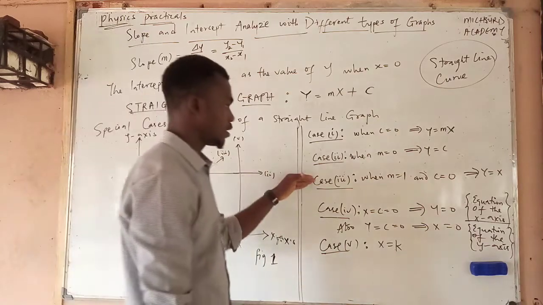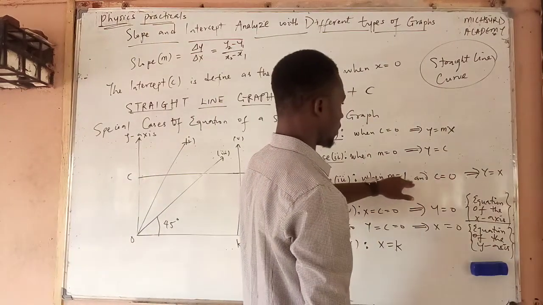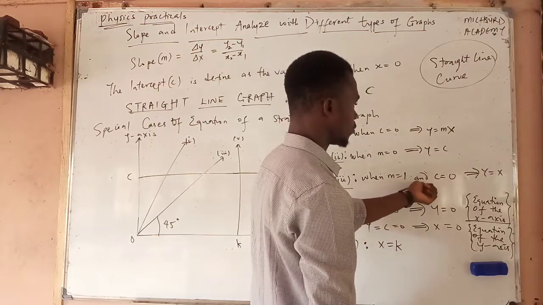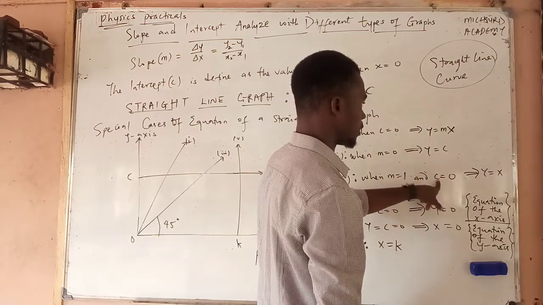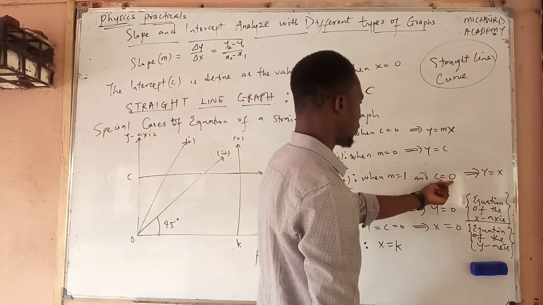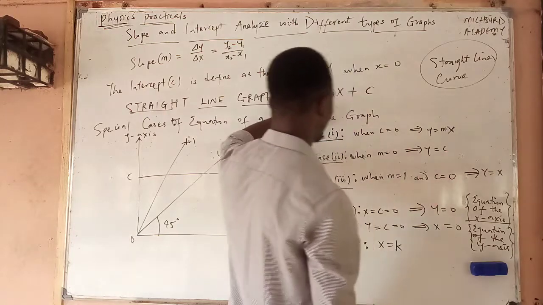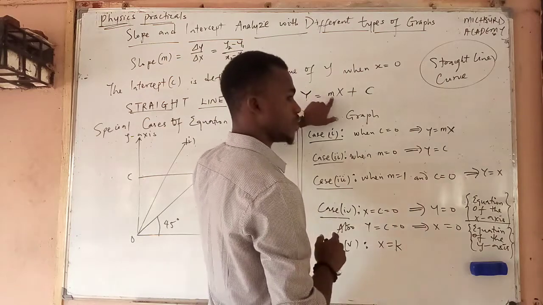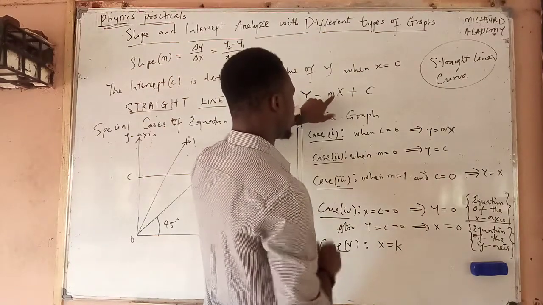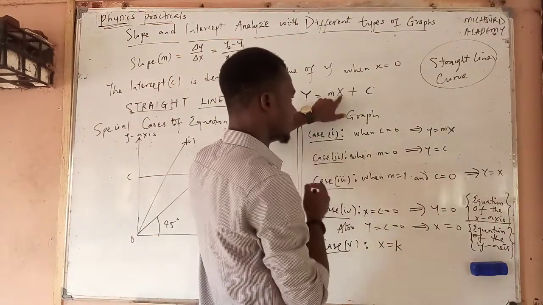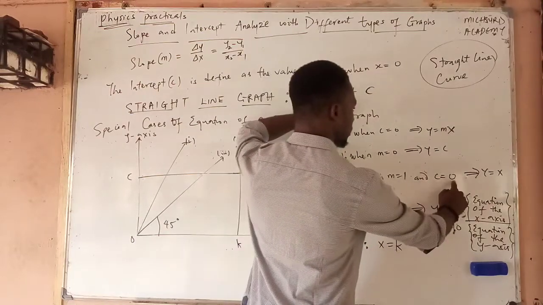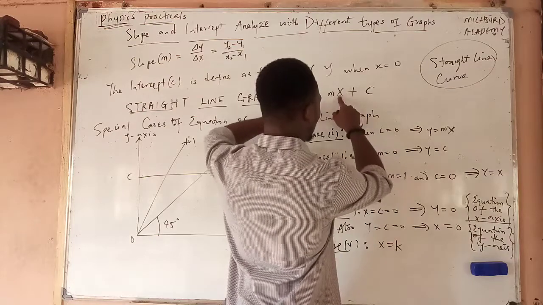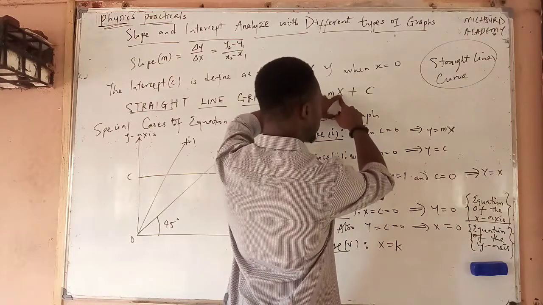Then for case 3, m is equal to 1, that is when the slope is equal to 1, and also considering when the intercept is equal to 0. In the equation of the straight line graph, the slope here is 1, so we only have x remaining, and c is equal to 0. So y will be equal to x.